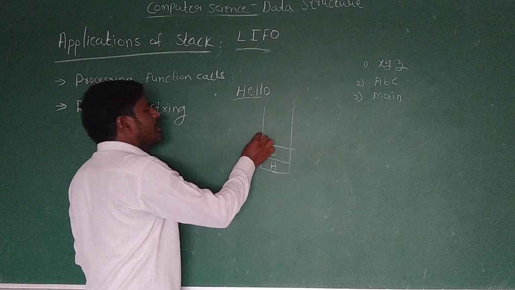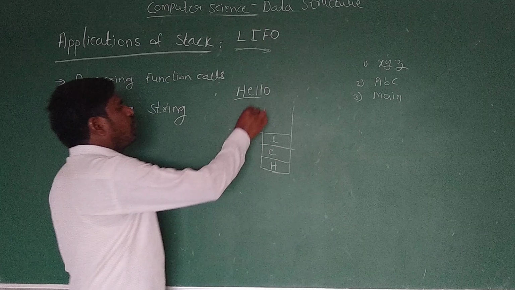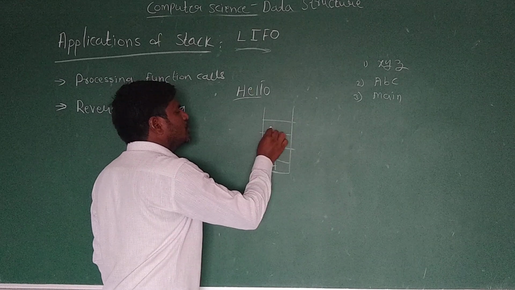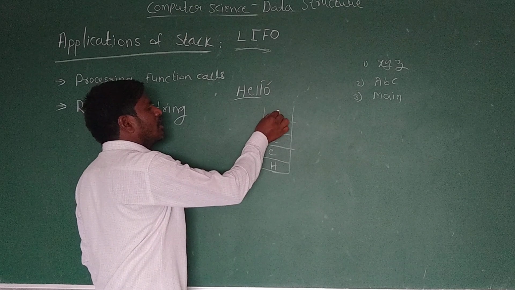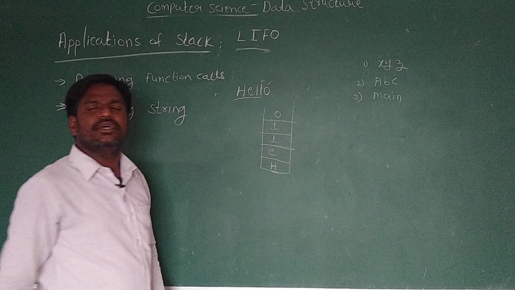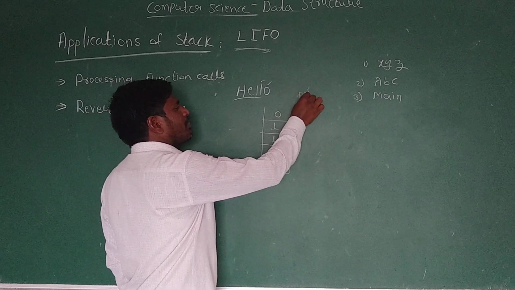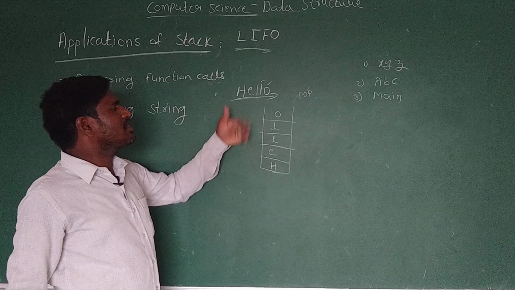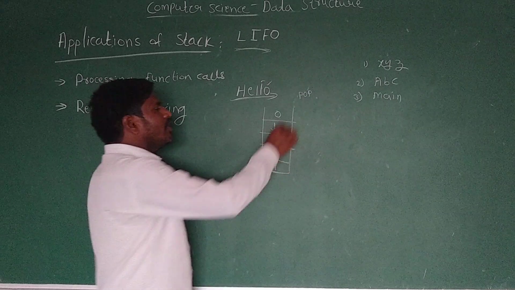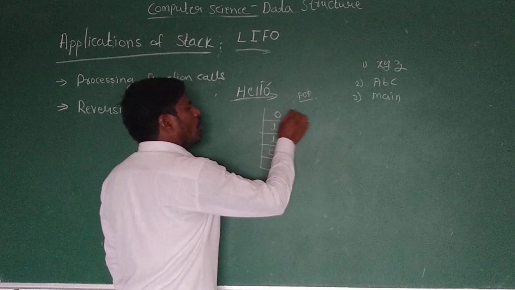Again the third element is taken and pushed into the stack. The fourth element is taken and pushed. Then the last element is taken and pushed into the stack. After reaching the end of the string, we perform the pop operation. When you perform the pop operation, which element will be removed first? O.